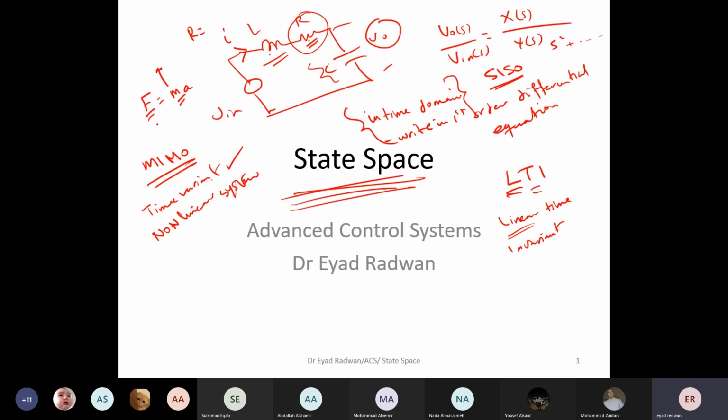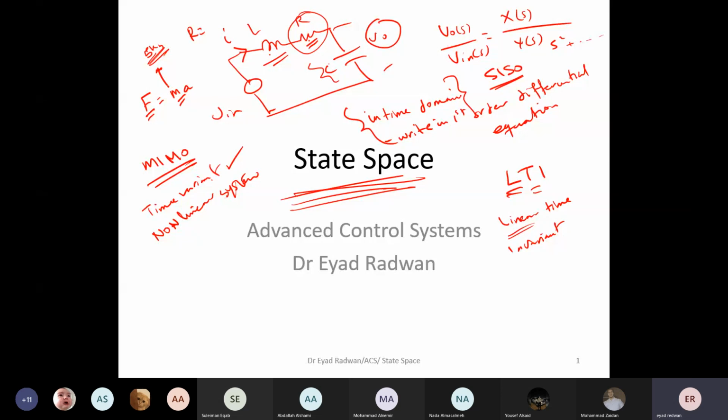So the force exerted on a system or on a body equals its mass times its acceleration. Usually you assume the mass, for example 5 kgs, or whatever. The mass, we assumed it to be constant.